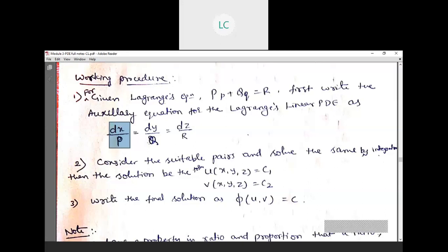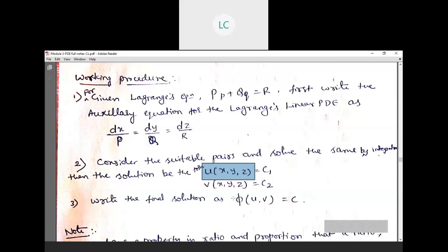After solving, we'll get u of x, y, z equal to C1, and v of x, y, z equal to C2, where u and v are functions of x, y, z.